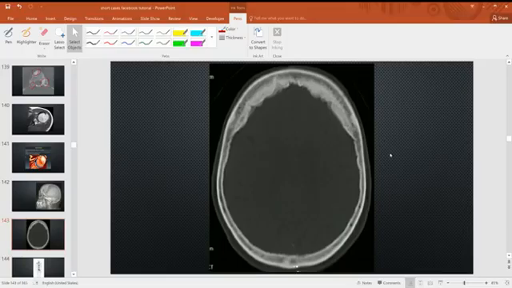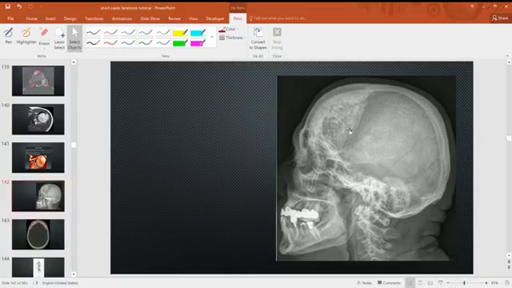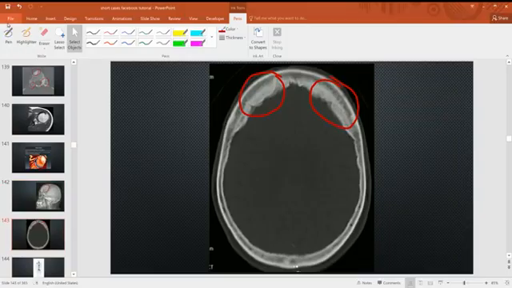It is common in females and sometimes discovered incidentally, and sometimes it is associated with endocrine abnormality and obesity. It involves both frontal bones, and on the CT scan it is classic for hyperostosis frontalis interna.